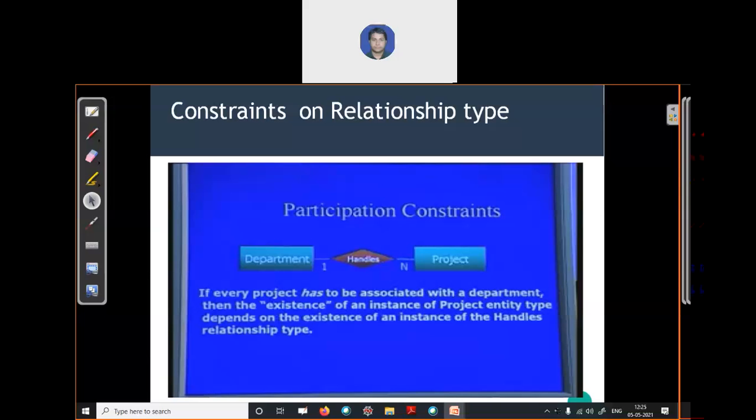So this kind of participation constraint we represent by a double line. The project is participating in this relation for existence, so we will draw two lines here.